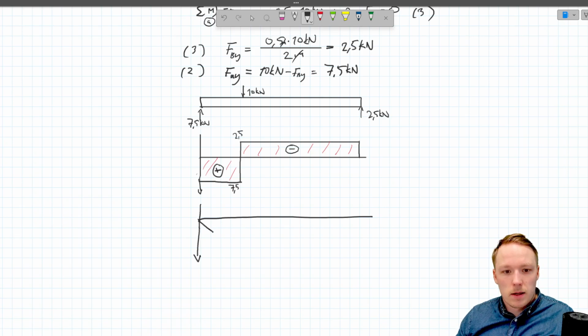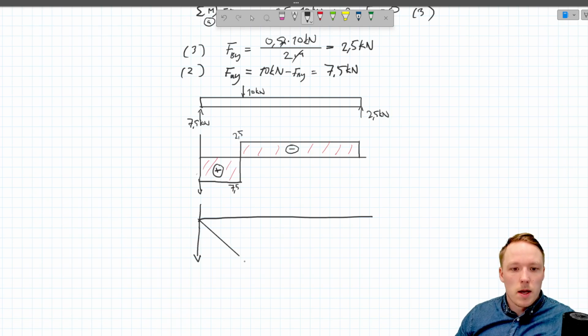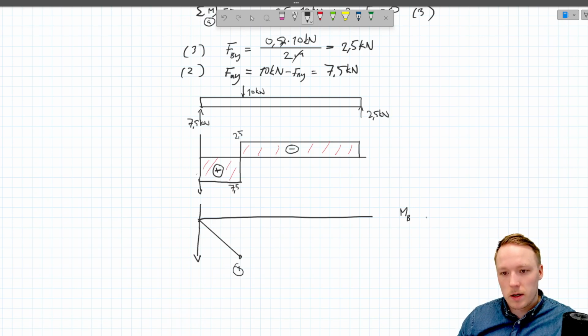and the bending moment caused by external load like that is always linear, like so, and the value at this point will be MB. Let's mark it with number 1.